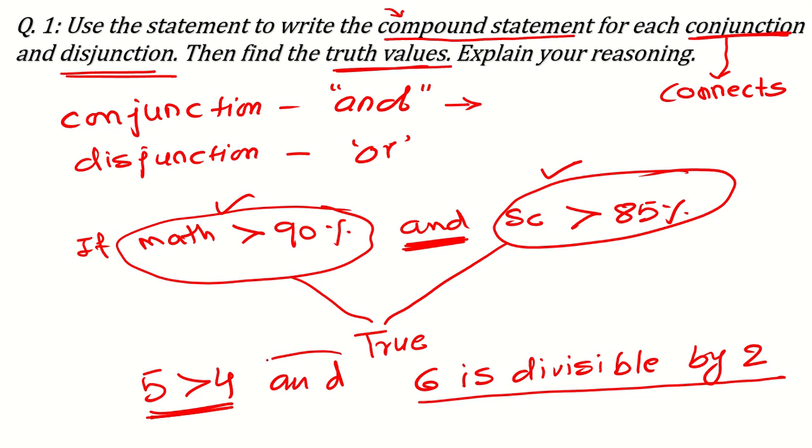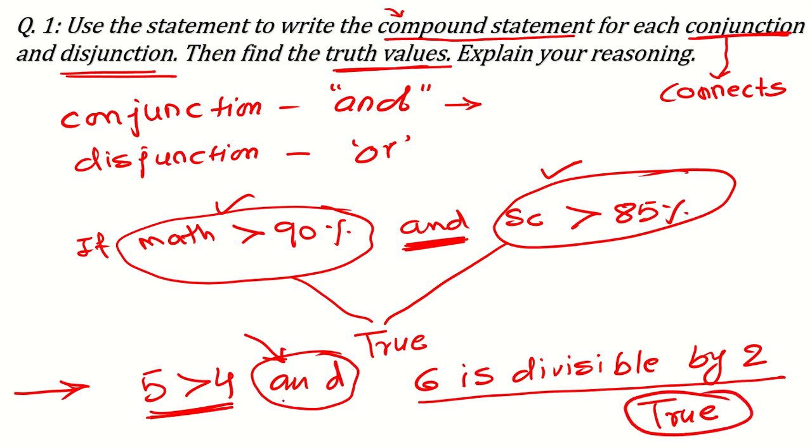And they are connected with the word and. So it is a compound statement by using conjunction. And this complete statement will be true or false? Its truth value will be true. Why? Because both statements are true. 5 is greater than 4 is true, and 6 is divisible by 2 is also true. Okay, so this is about the conjunction.